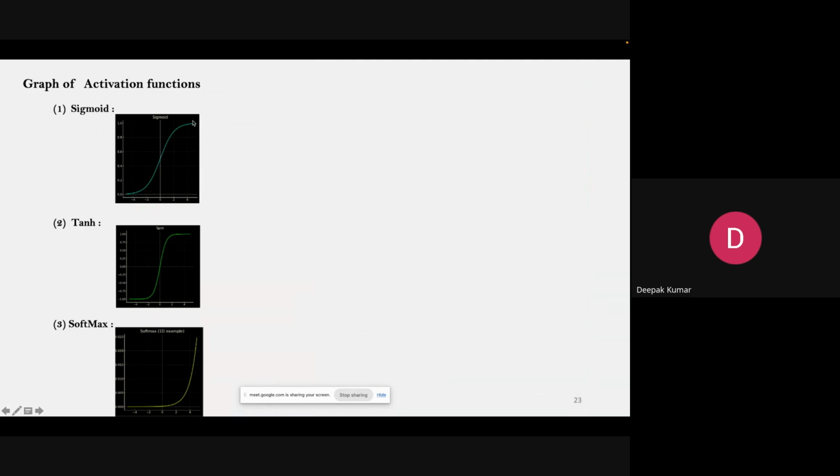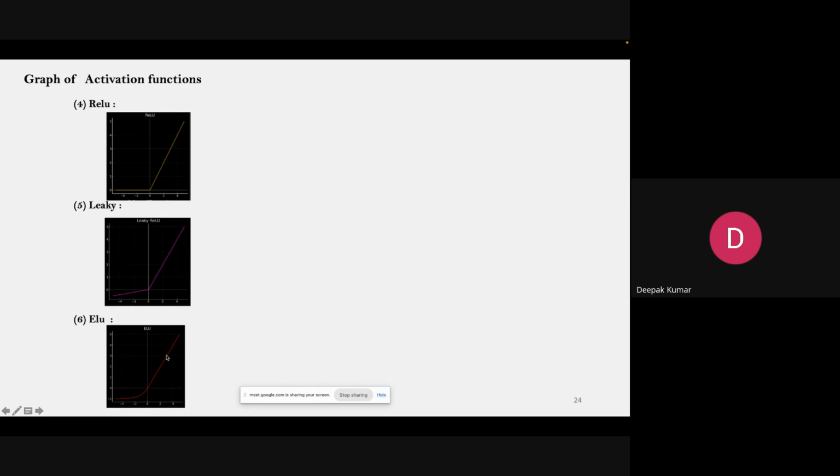If we put in any value of x, the output will always be between 0 and 1, and as we increase the value it flattens out on the positive side as well as on the negative side. In between, the slope is slightly higher, so it is also used in other cases like classification activation. Tanh also has a slightly higher slope and flattens out near 0, near 1 and near -1.